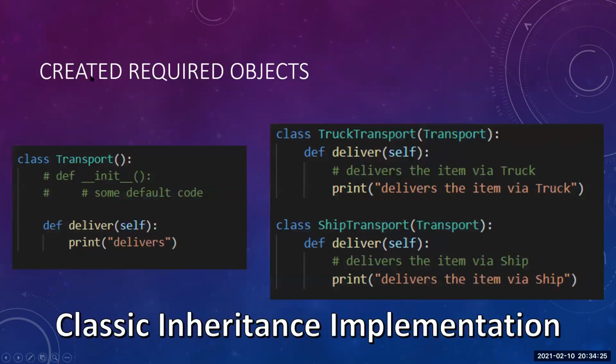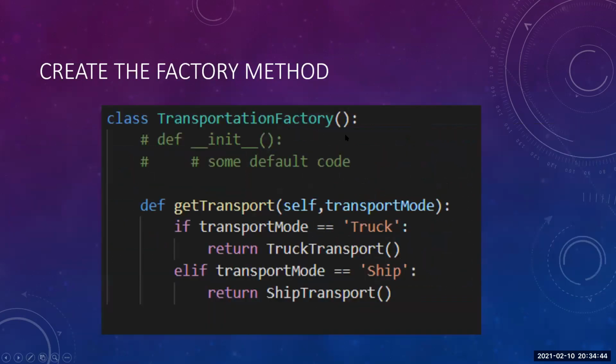Okay. Creation of the required object. As we have just coded, the transport is the parent, and the truck and the ship are the respective child classes for it. So that's the classic inheritance implementation that we have implemented, and going ahead, we have the transportation factory, which is actually an interface.